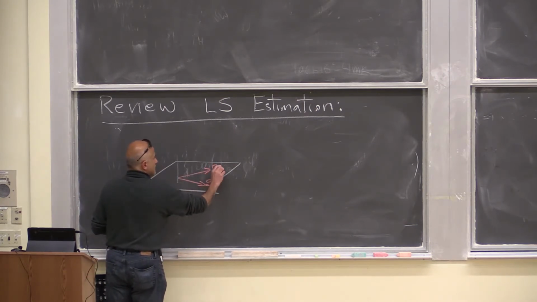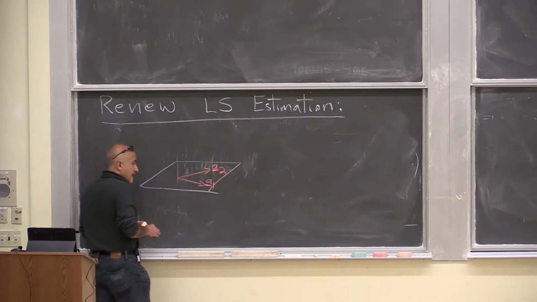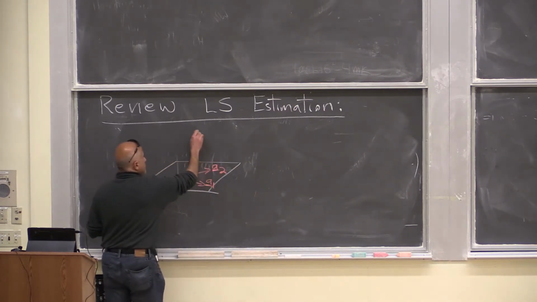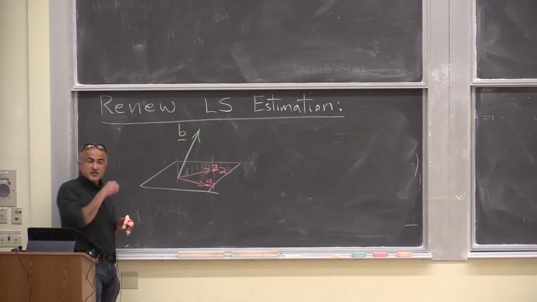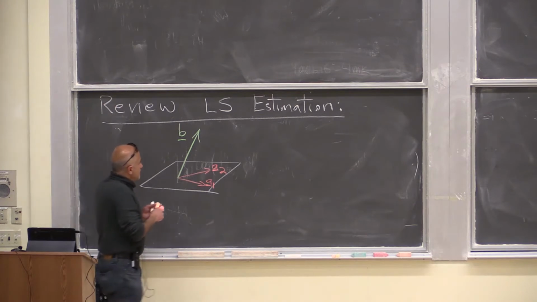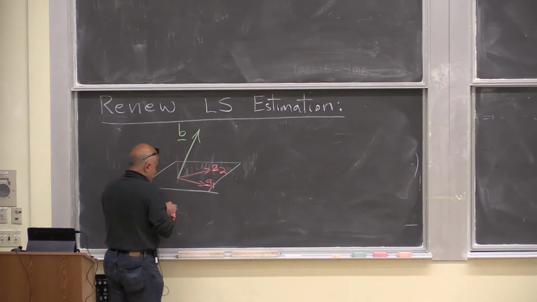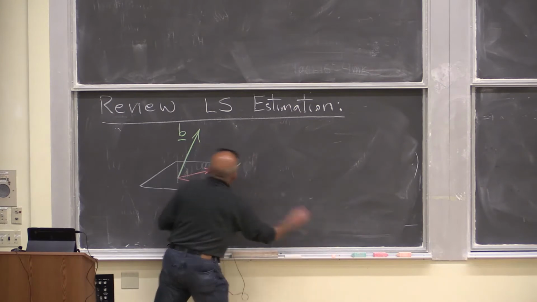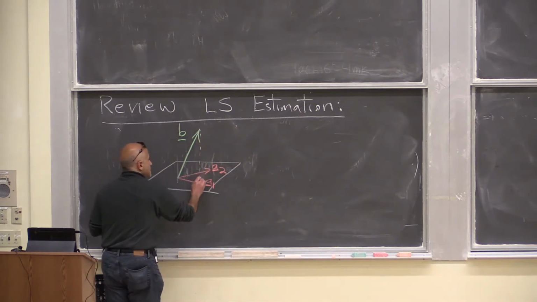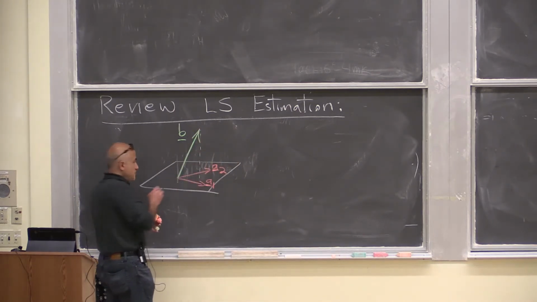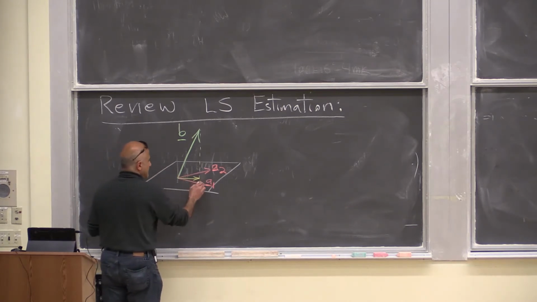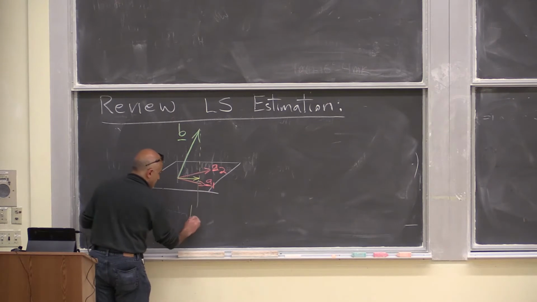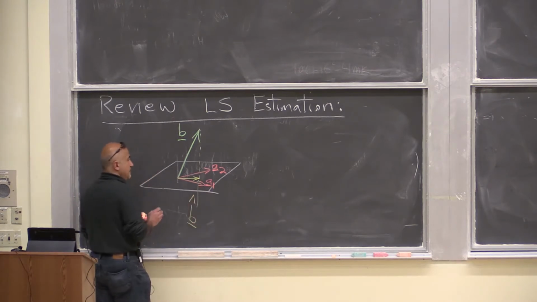I'm going to draw two here. And we wanted to find a best approximation to a vector B that didn't sit in that subspace. And we found that the best approximation is when we do a projection onto the subspace spanned by A1 and A2, so that this yellow vector here is our best approximation.